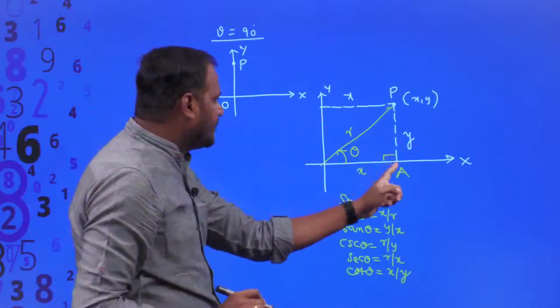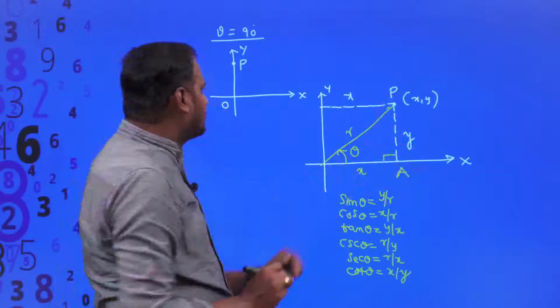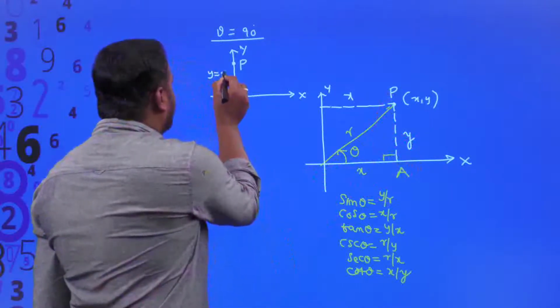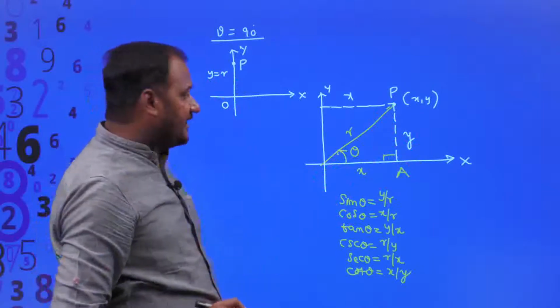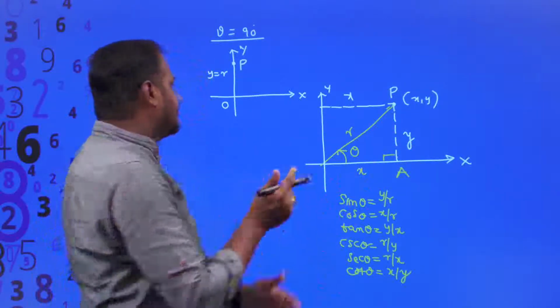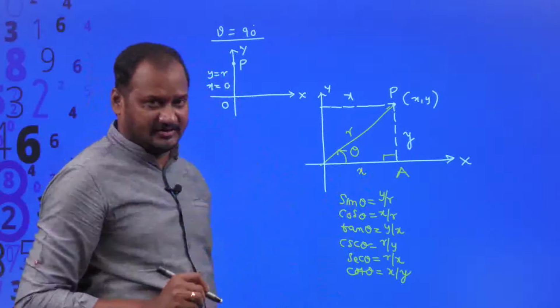But basically this vertical length is y, right? Since the vertical length is y, the y value and R value are both the same. And now what about the value of x? There is no horizontal distance. Since there is no horizontal distance, the x value is going to be 0, right?